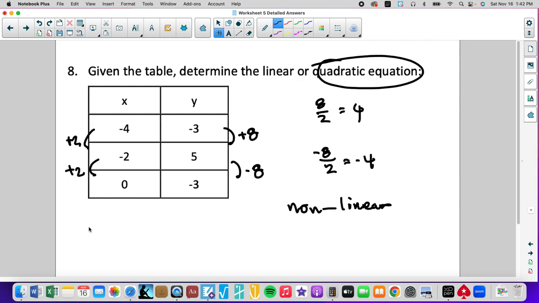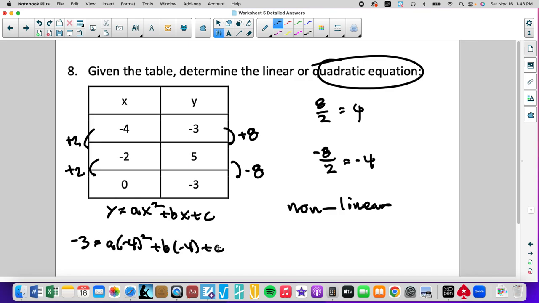We're using the equation y equals ax squared plus bx plus c. Let's do the first point. So the first point is going to be -3 equals a times -4 squared plus b times -4 plus c.